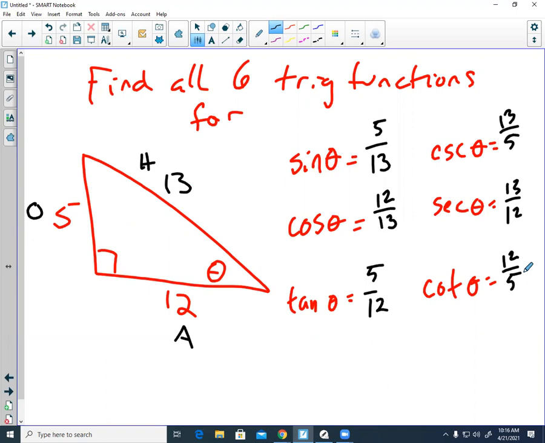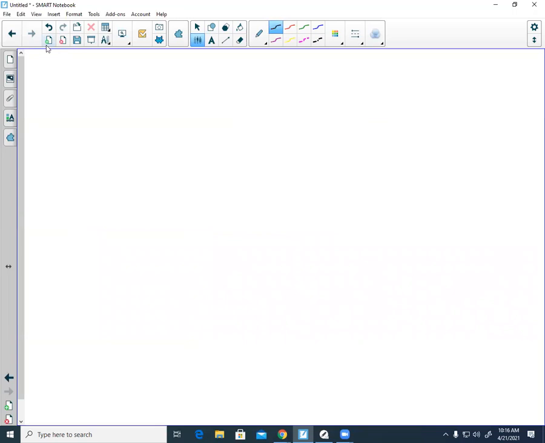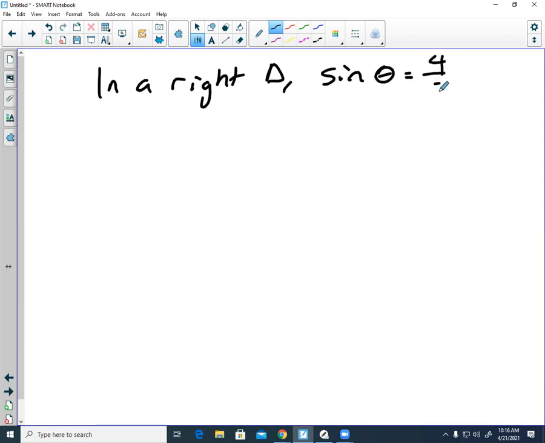Okay. So here's a trickier way of asking you the same kind of question. It says something like, in a right triangle, sine of theta equals 4 over 7, and then it would say something like find the other 5 functions.